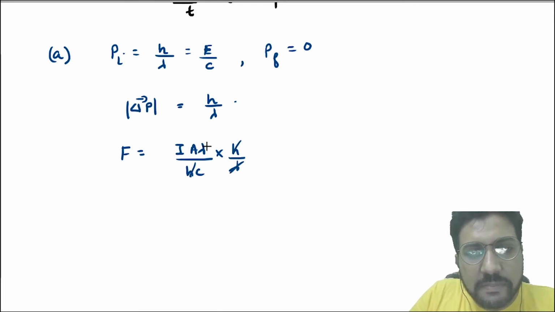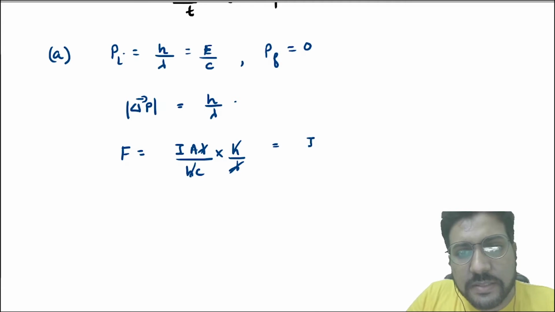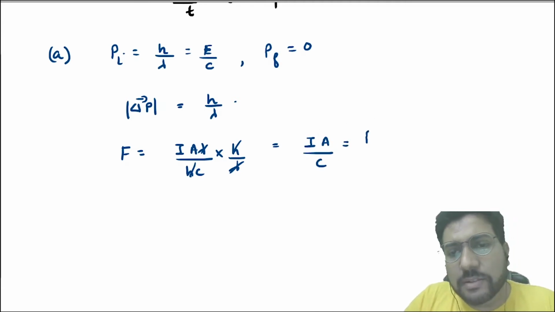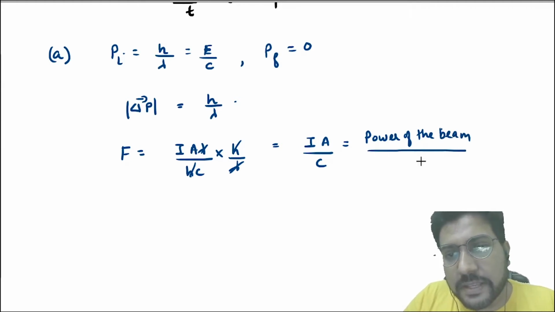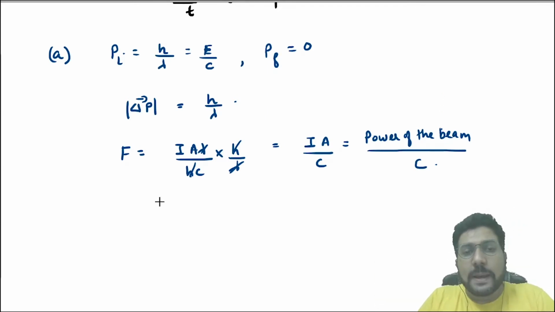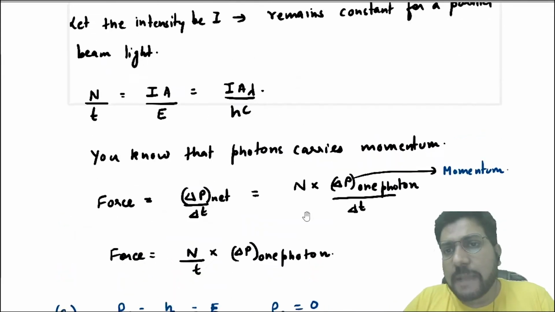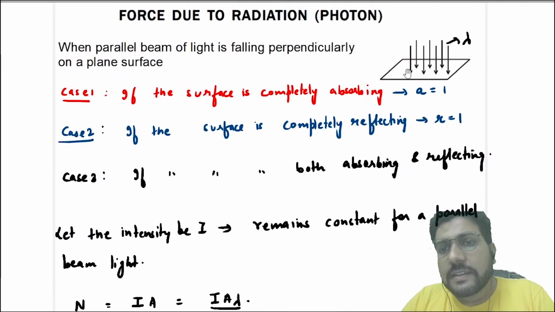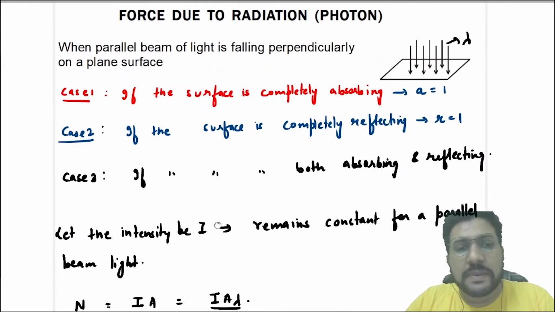H cancels, lambda cancels, and it comes to a simple calculation, Ia by C. And I multiplied by A is also called the power of the beam, so power of the beam divided by C. This is the force exerted on a completely absorbing plane surface by a parallel beam of light.